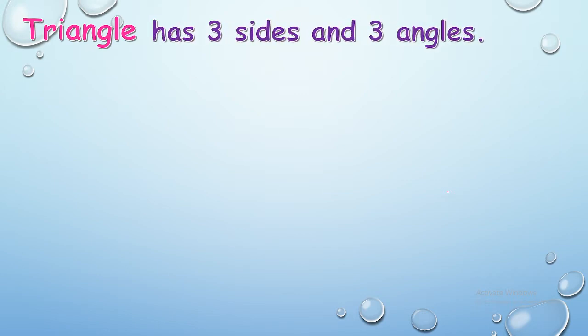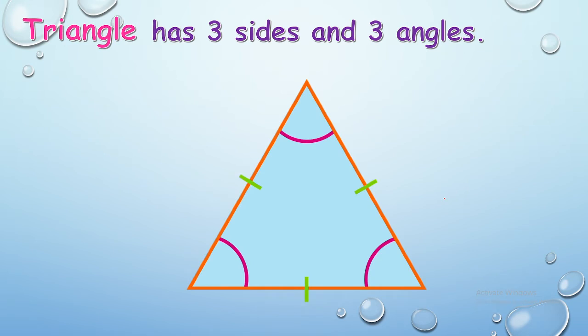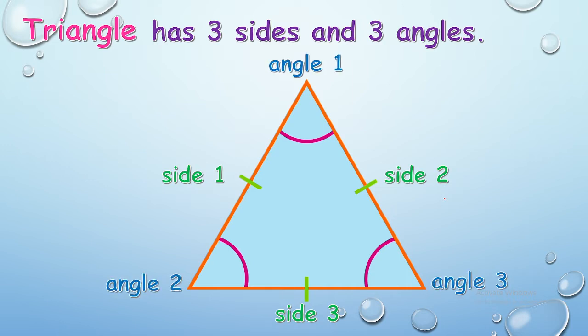Okay. Now, let's review the triangle. What can you say about a triangle? It has three sides and three angles. If this is the triangle, you will see side 1, side 2, and side 3. You also see angle 1, angle 2, and angle 3.